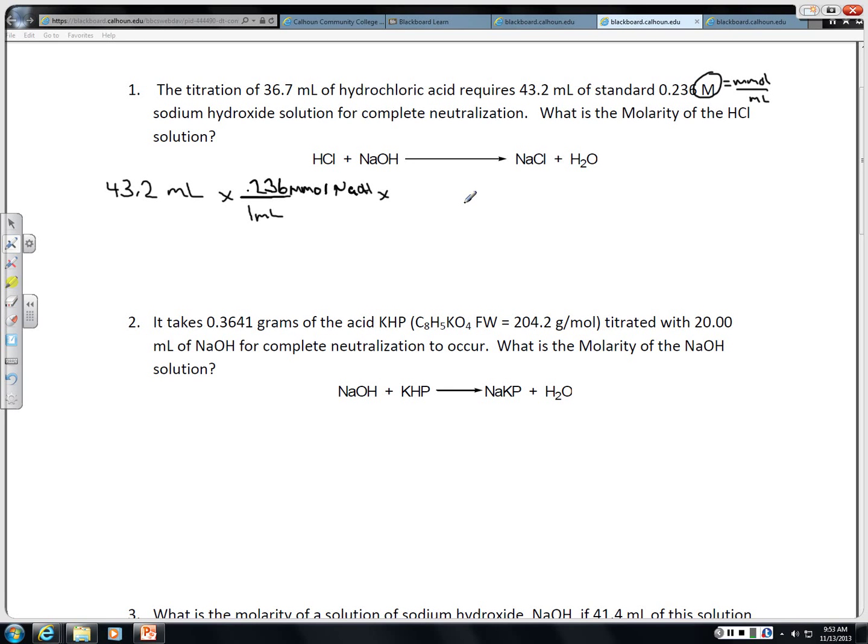Okay, and so, but we're looking for molarity of the acid. So we know we have to use our balanced equation because we're going from units of NaOH to units of HCl. Okay, so we have a 1-to-1. So we have 1 millimole. There's our base.